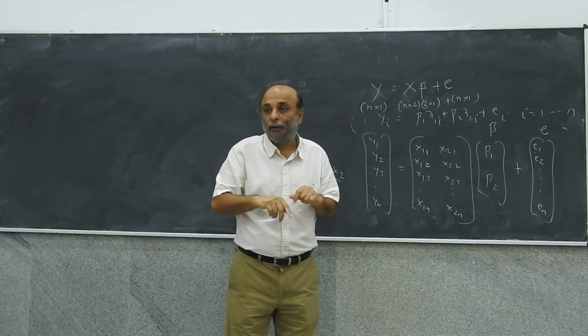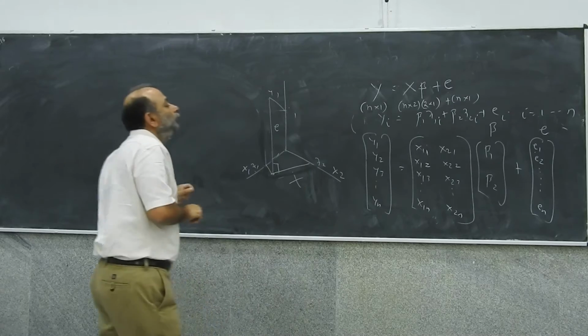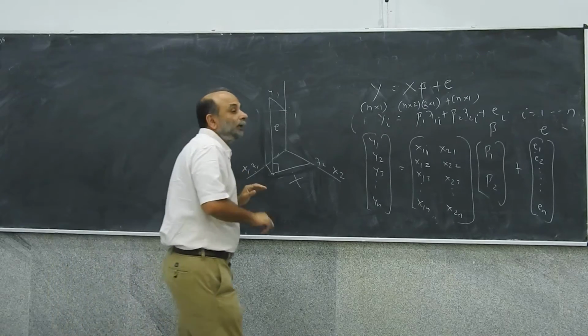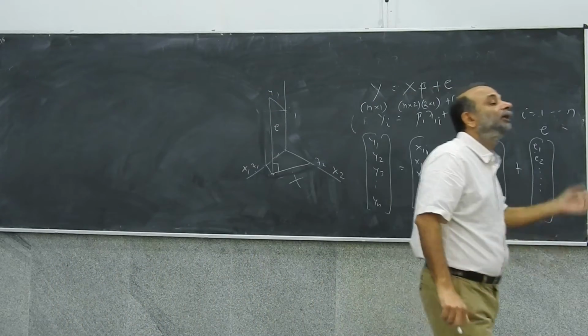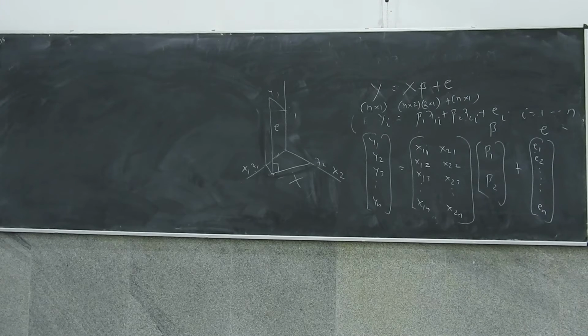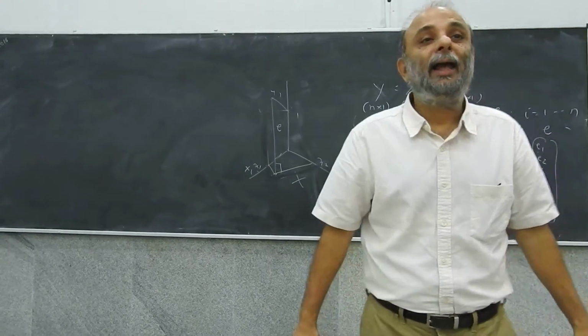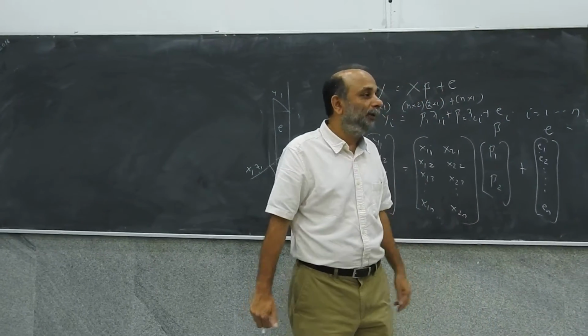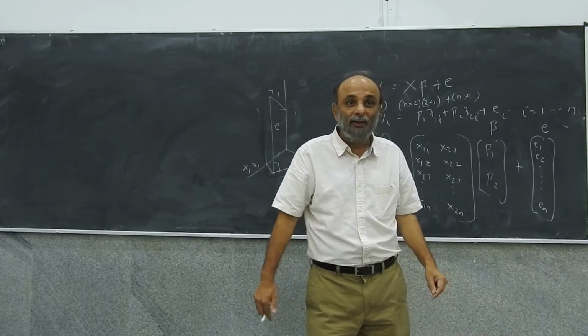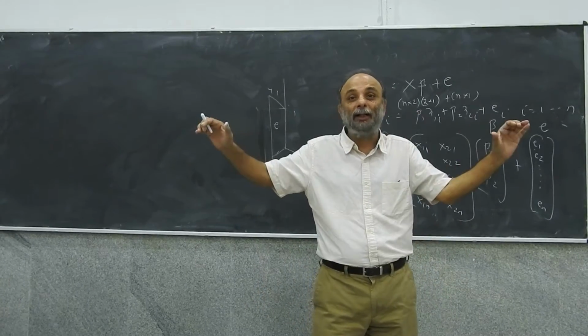Sure? Okay. So now, to be able to do that, we know that two vectors are perpendicular if their dot product is 0, if their inner product is 0. Like for example, you must have learnt in micro, P1 x1 plus P2 x2 plus P3 x3 etc. plus Pn xn, that's the total expenditure.